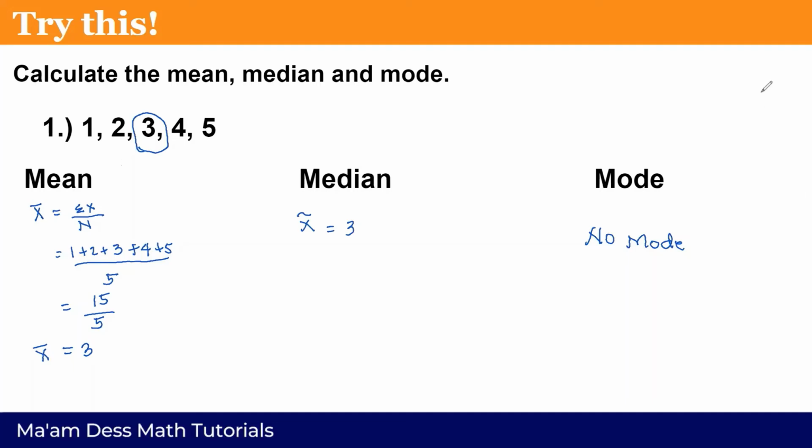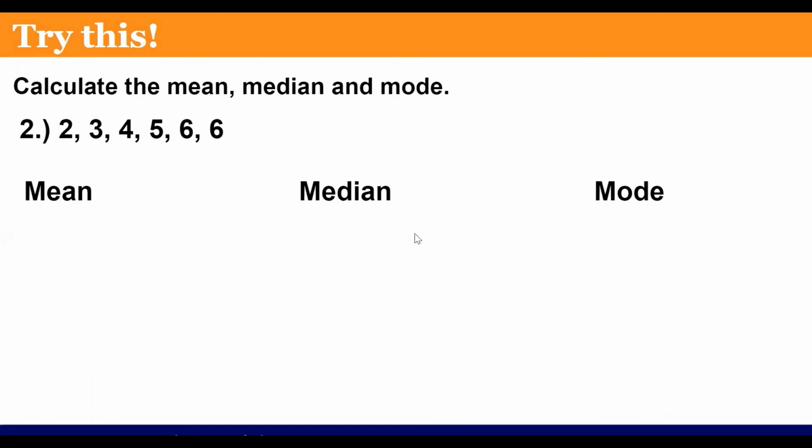Okay? So let's proceed. Number 2, calculate the mean, median, and mode of 2, 3, 4, 5, 6, 6. So again, the formula: mean is equal to summation of x over n.